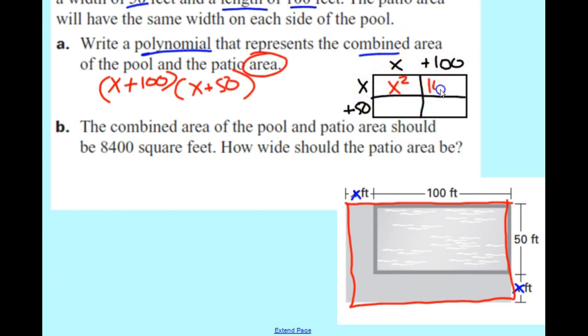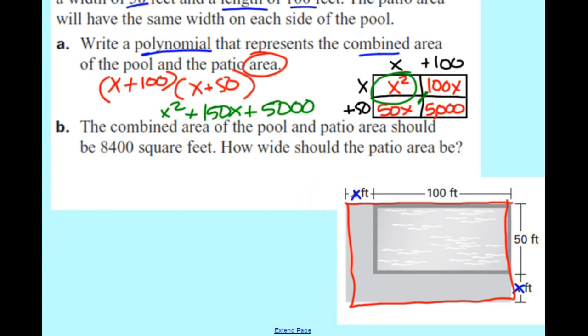X times 100 is 100x. X times 50 is 50x. 50 times 100 will give us 5,000. Not 500, because that would be 5 times 100. This is 5,000. So we have x squared, 100x and 50x, that's a total of 150x, and then plus 5,000.